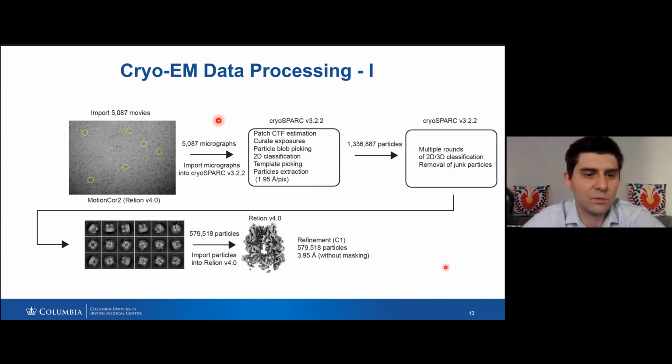Everything starts with the motion correction in Relion. I do this because later on I want to do Bayesian polishing in Relion, so it's easier for me to do motion correction in Relion. After that, I transfer all the micrographs into CryoSPARC, because in my experience, it is way more efficient to continue processing motion corrected micrographs in CryoSPARC.